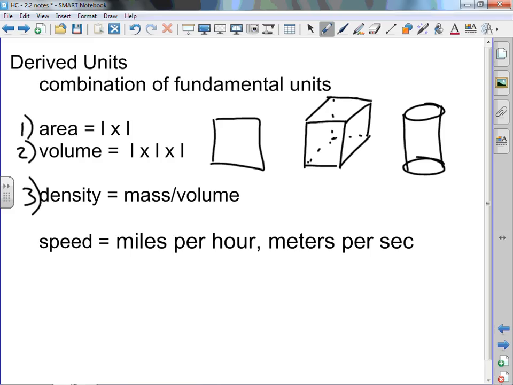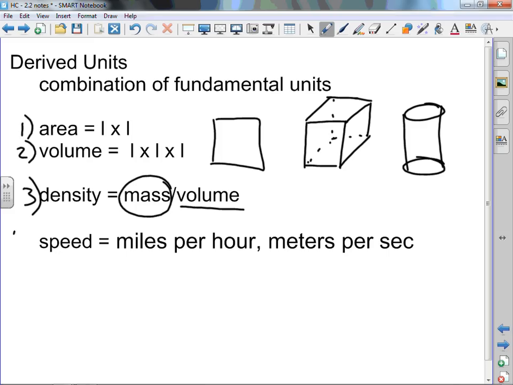Another derived unit we will use a lot in chemistry is density. It's not just one measurement, it's actually a combination of measurements. The density takes into account a mass measurement and a volume measurement. Well, a volume measurement is actually a derived measurement of length. So as you can see there, it's several measurements put together.